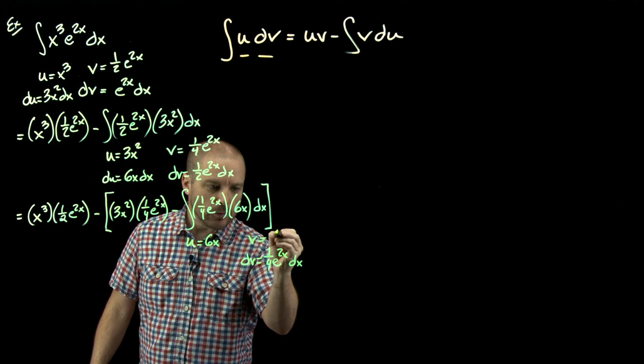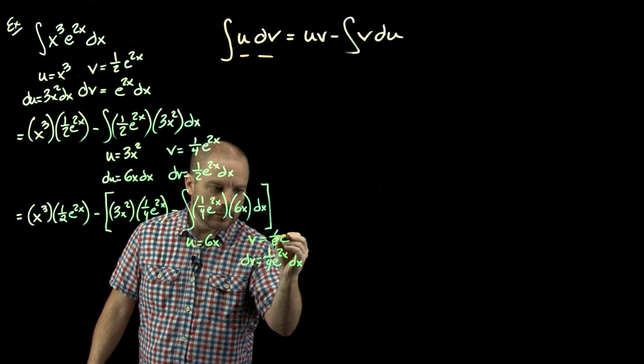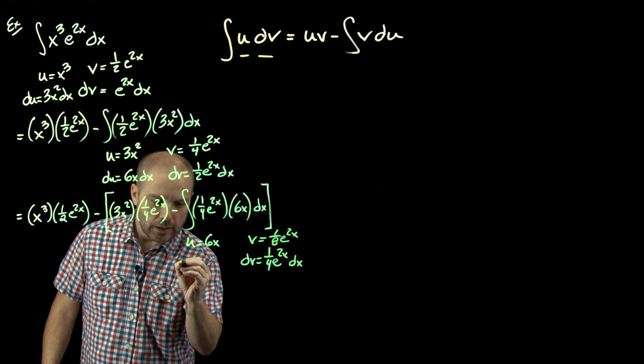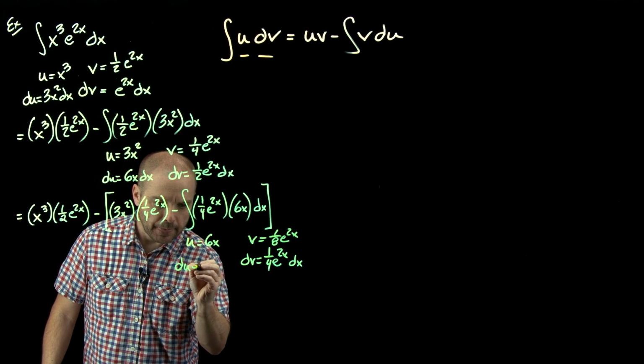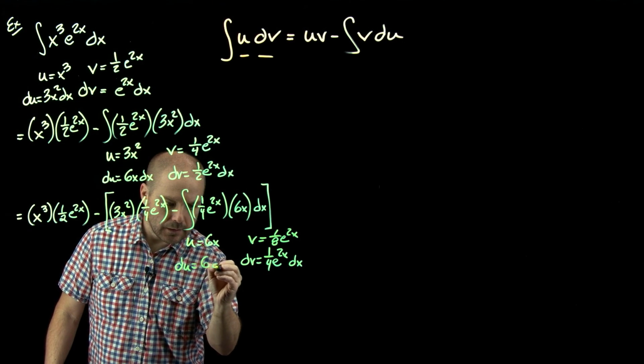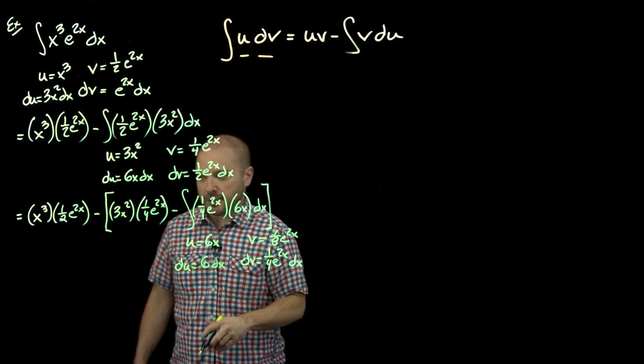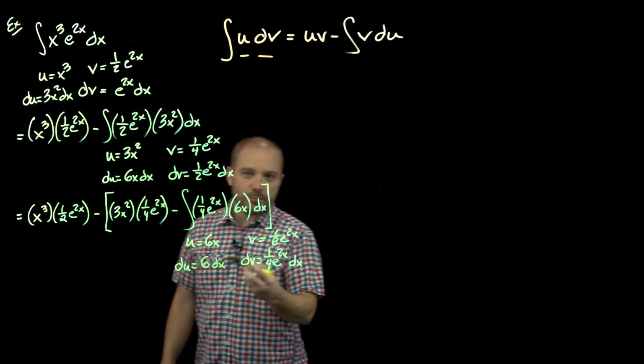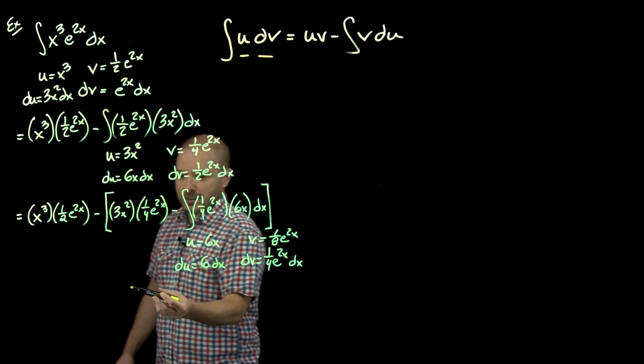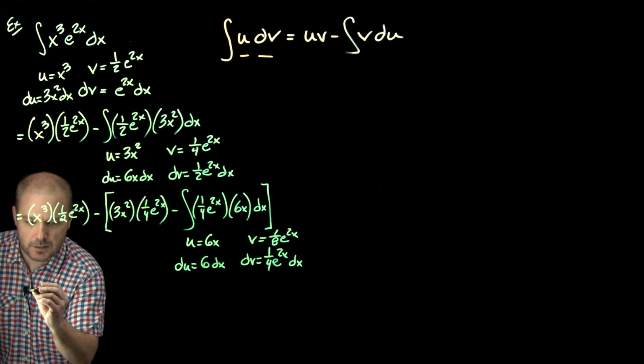So that's 1/8 e to the 2x, and du is 6 dx. And we have to be careful with distributing our minuses. You end up with a lot of minus times minus times minus with the repeated applications here.